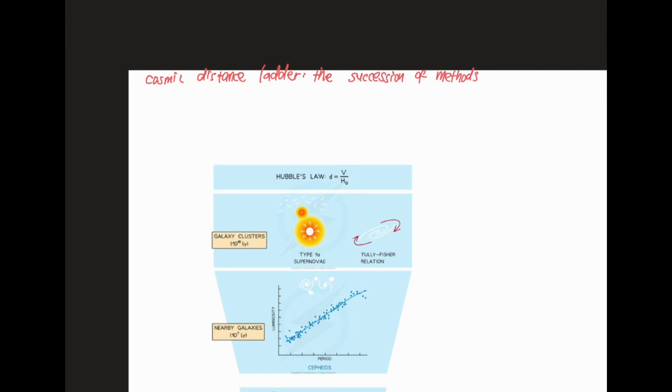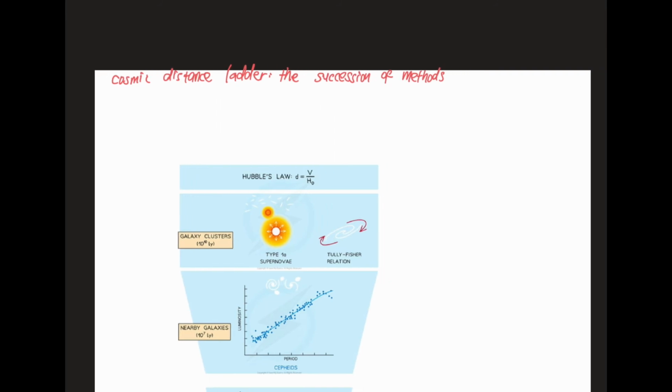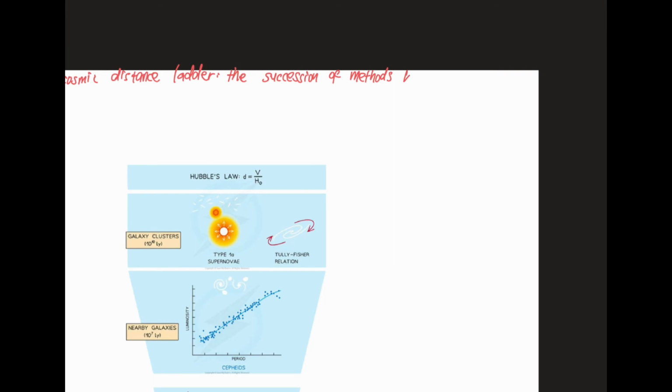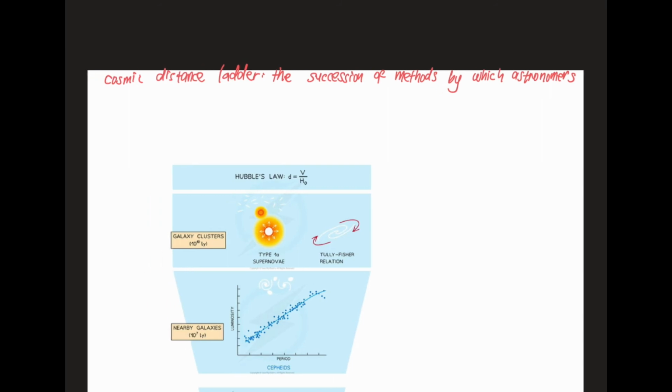One scientist contributes one method and then many methods come together, by which astronomers determine the distances to celestial objects.